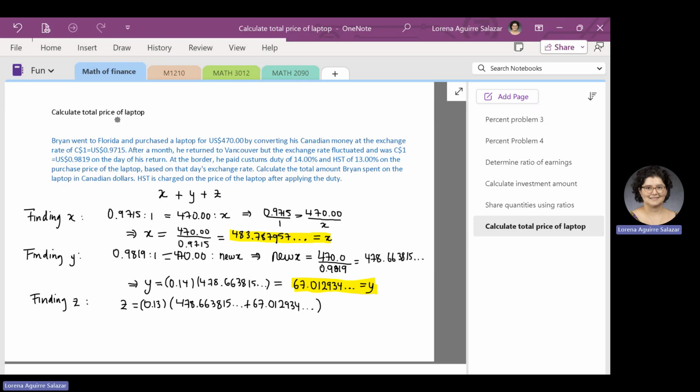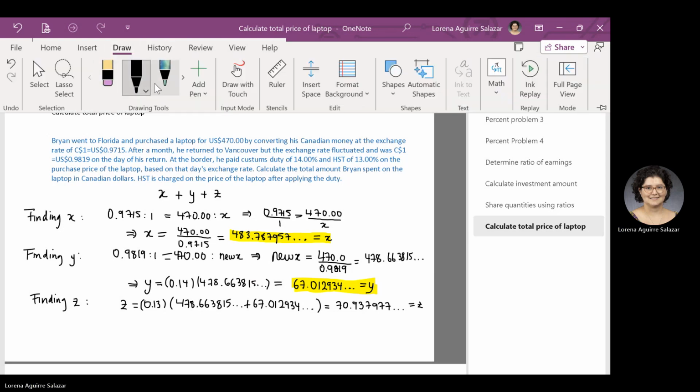And when we compute that value, we get the following amount in Canadian money: 70.937977, and more numbers afterwards. That's our Z.